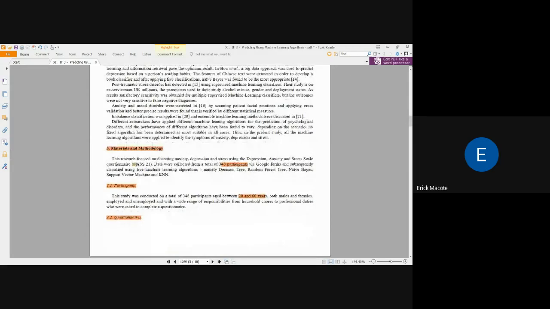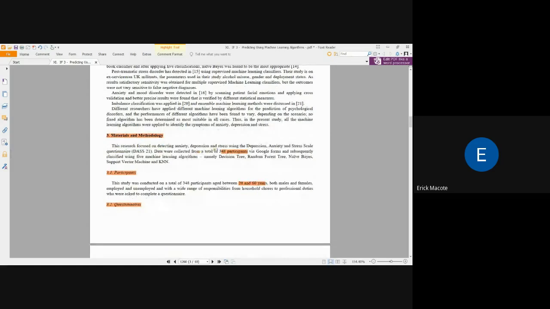Regarding methodology, this research focuses on detecting anxiety, depression, and stress using the Depression, Anxiety, and Stress Scale questionnaires.